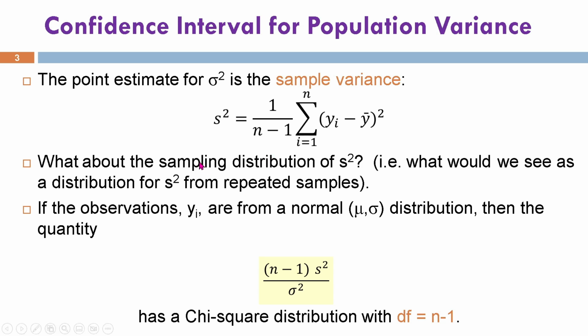What about the sampling distribution of S squared? For example, what would we see as a distribution of the S squared from repeated samples?